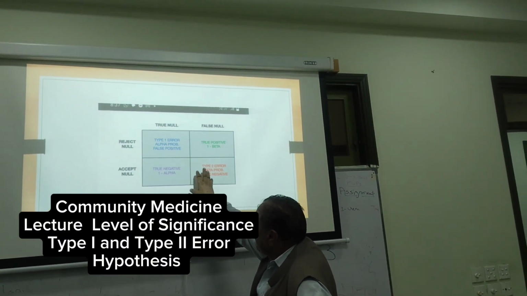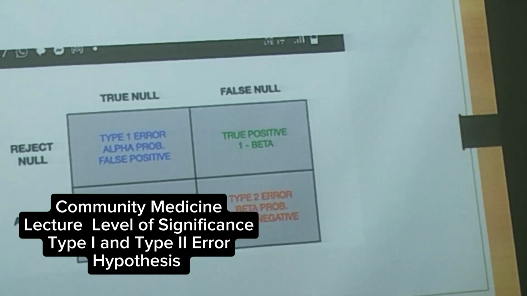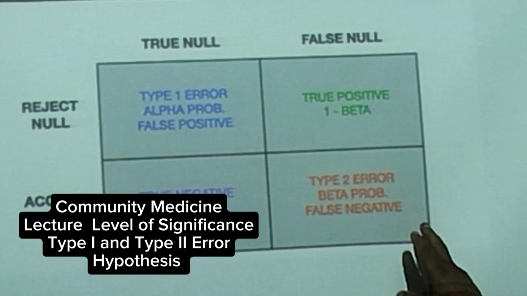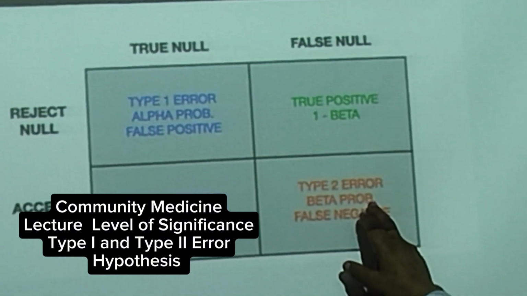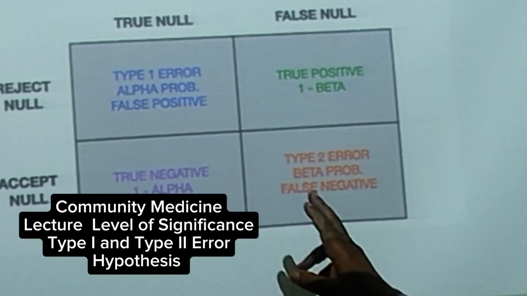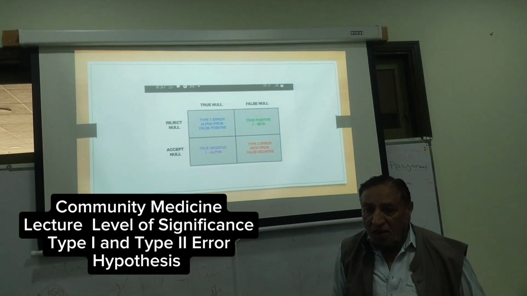If you fail to reject it when it is false, then it is a type 2 error, that is the beta error, and here it is the alpha error if you are rejecting a true null hypothesis.